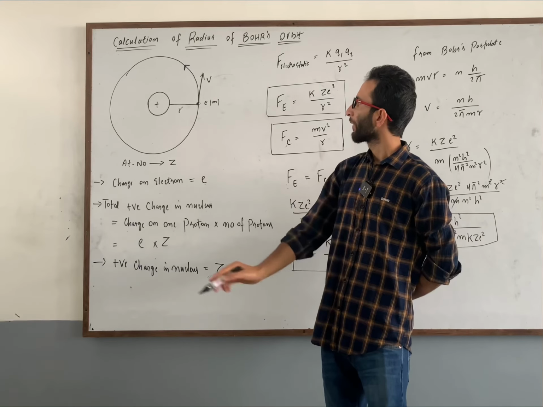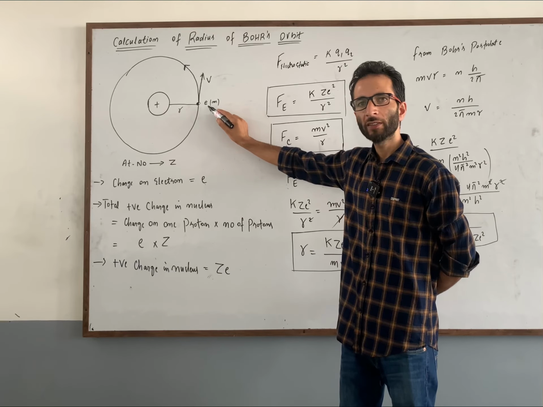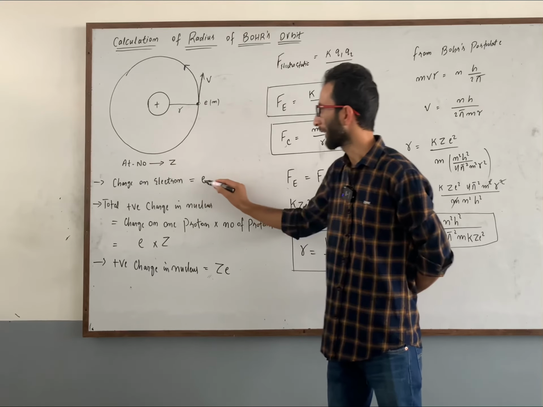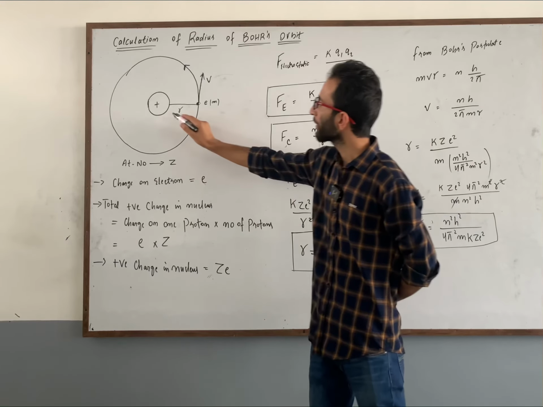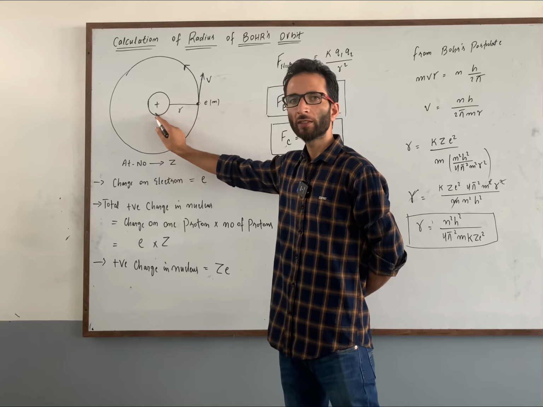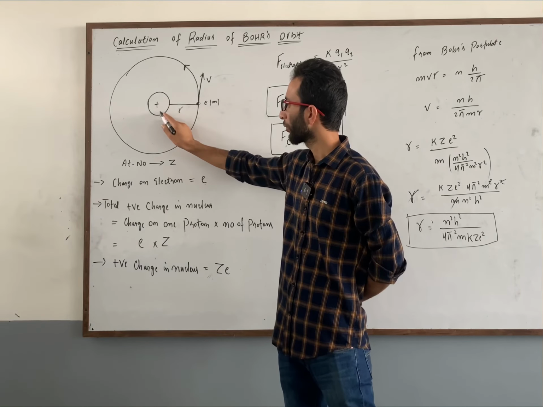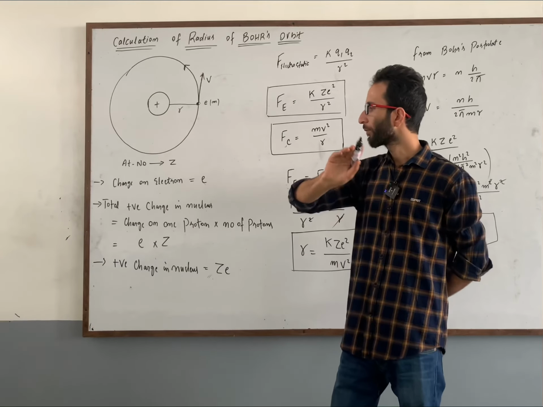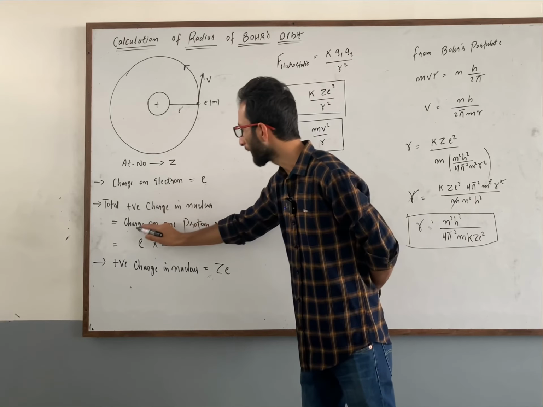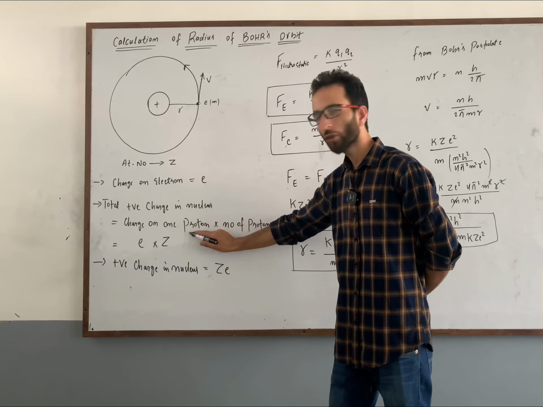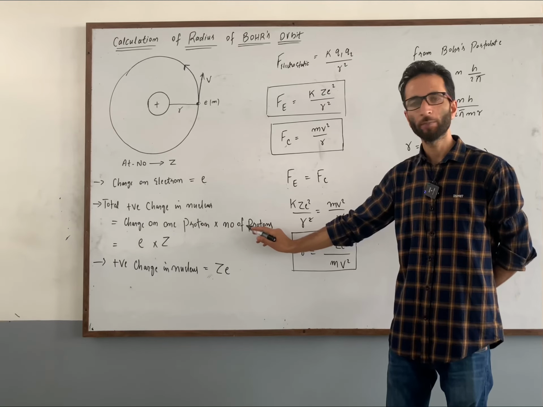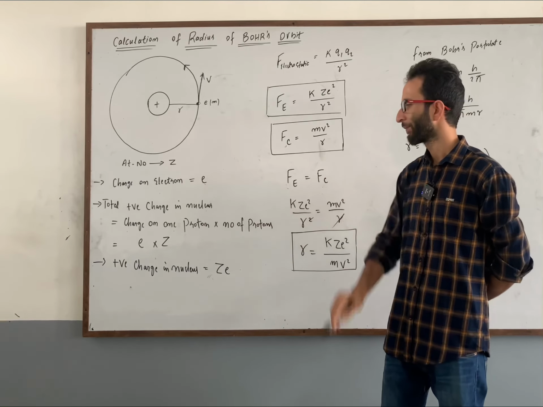As we know, the charge on the electron is negative and its magnitude will be e. And the charge on the nucleus of the atom is positive, which is due to all the protons present in the nucleus. The magnitude of this total positive charge will be equal to the charge on one proton times the total number of protons present in an atom.